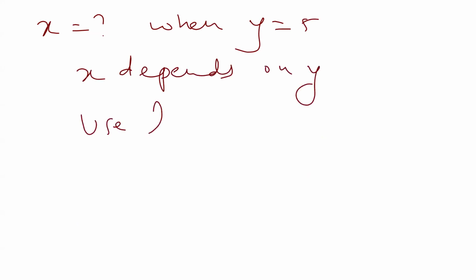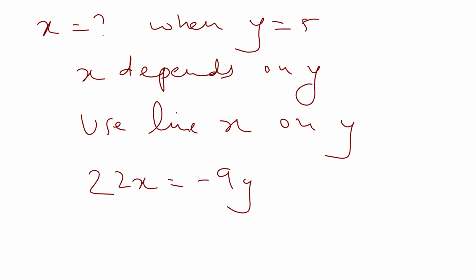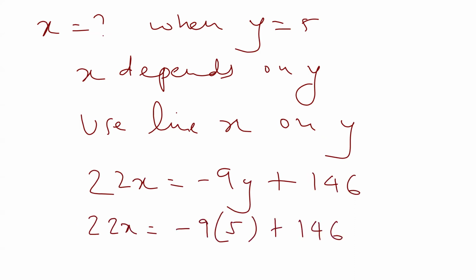Use line x on y. And x on y line we have already calculated, which is 22x is equal to minus 9y plus 146. Now in this, put the value of y as 5.